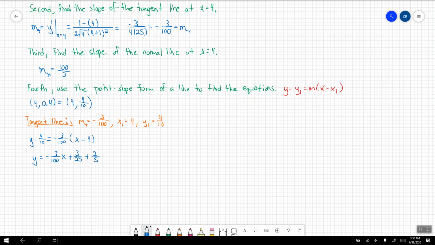And now combining our like terms, we get that y is equal to negative 3 over 100 x, and then we have these fractions that we can add. 5 times 2 is going to be 10. 10 plus 3, that's 13 over 25. So here's the equation of your tangent line. Oh, wow, that's really nice. So this is one of the answers.